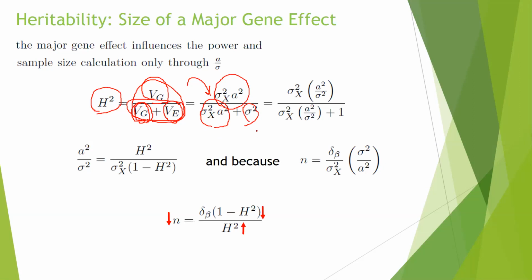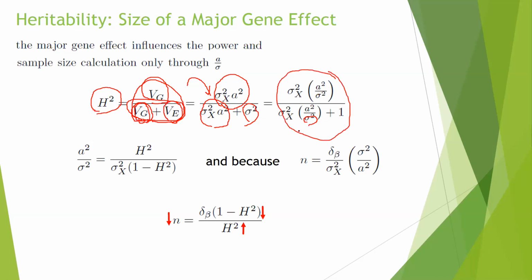If you divide the numerator and the denominator simultaneously by sigma square, you will get this equation here.